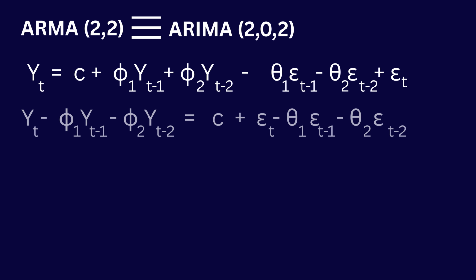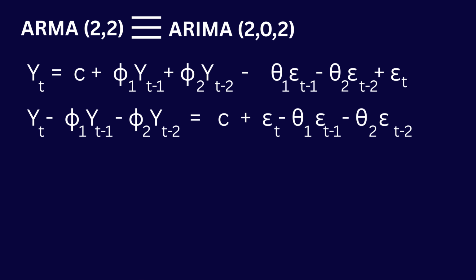And again we can write it this way. Yt minus phi 1 yt minus 1 minus phi 2 times yt minus 2 equals C plus epsilon t minus theta 1 times epsilon t minus 1 minus theta 2 times epsilon t minus 2.